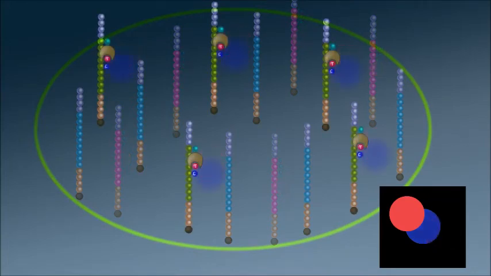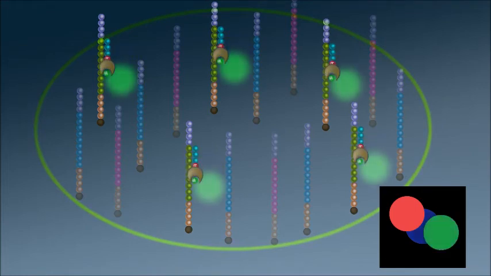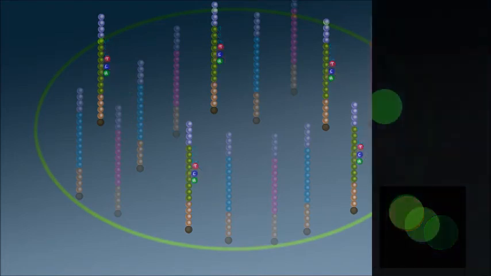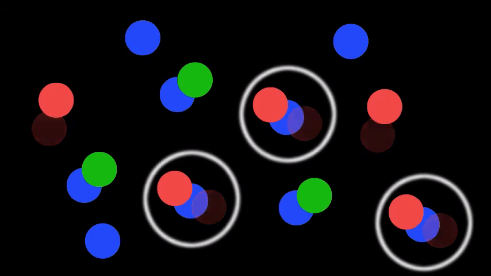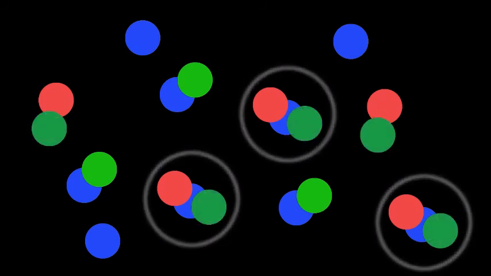Spatial colocalization of the barcode clusters indicates protein-protein interaction. A large number of clusters, some single and some colocalized, are imaged in parallel. The occurrences of the colocalizations are counted and subjected to statistical analysis to measure protein interactions.